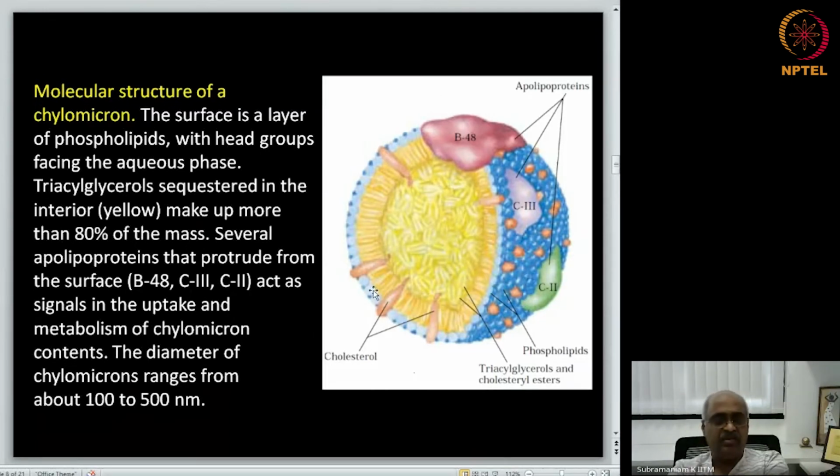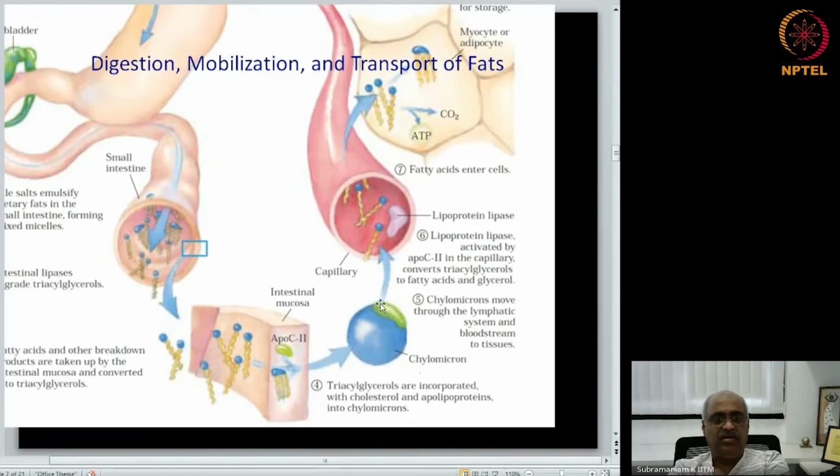And these chylomicrons are then transported through the body fluids, primarily blood, and when they go through the small blood capillaries, this ApoC2, the green structure in this cartoon, activates a lipoprotein lipase in the serum, that's part of our blood, and that hydrolyzes the triacylglycerols into free fatty acids and glycerol.